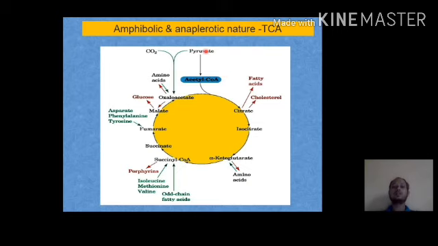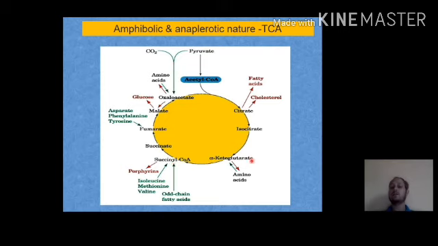Now, this TCA cycle has an amphibolic and anaplerotic nature. Up till now, what we have seen is that glucose degradation takes place via glycolysis and the TCA cycle. But this diagram represents that TCA intermediates are formed from amino acids such as isoleucine, methionine, or valine, which are converted to succinyl CoA.